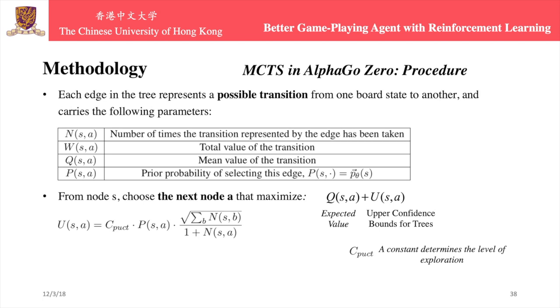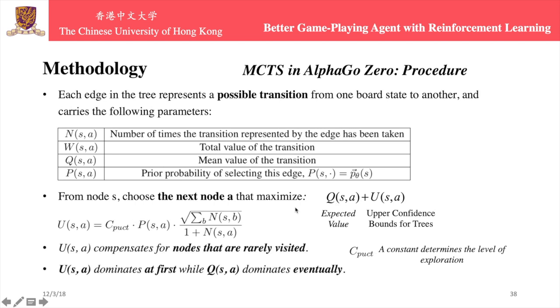We will choose the next node A that maximizes the formula, which contains two parts. Q(S,A) is defined here, and U(S,A) is the upper confidence bound for trees, computed according to this formula, where c_puct is a constant we can set.